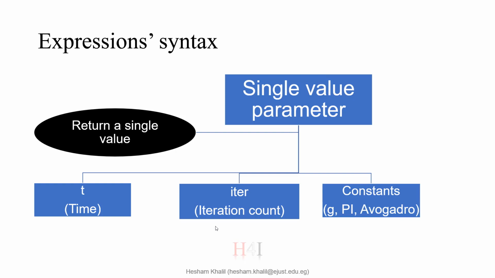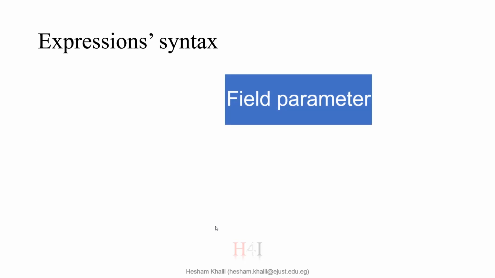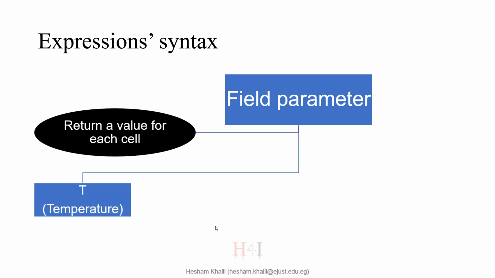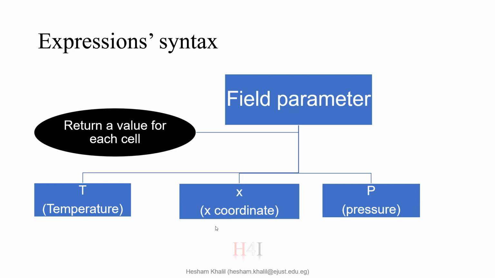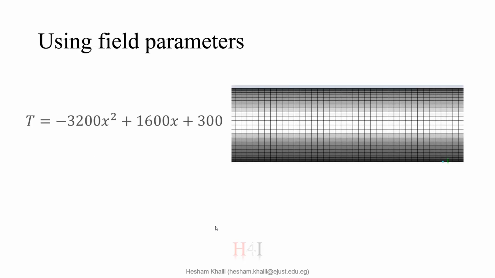There is a different kind of parameter, which is called a field parameter. This is a parameter which returns a value for each cell, like the temperature. If you use T in the equation, which T? We have T for each cell in the domain, each with its own temperature, and the x coordinate. Most of the variables are considered field parameters. What happens when we use a field parameter in the expression? Like this domain, this is an example, it's a pipe.